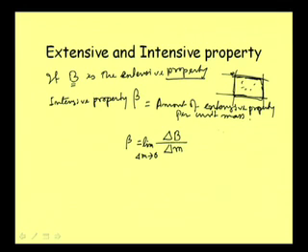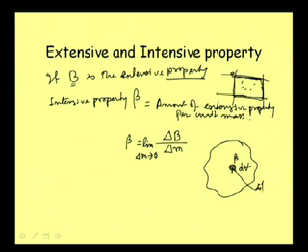Well, now let me again draw this diagram. Say this is a control volume, and we have a small volume dV, and the intensive property of this is small beta, and this small volume we generally call a differential volume.